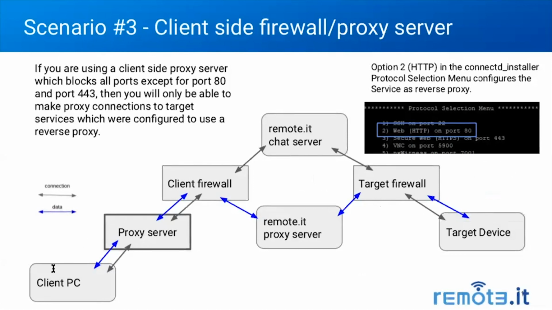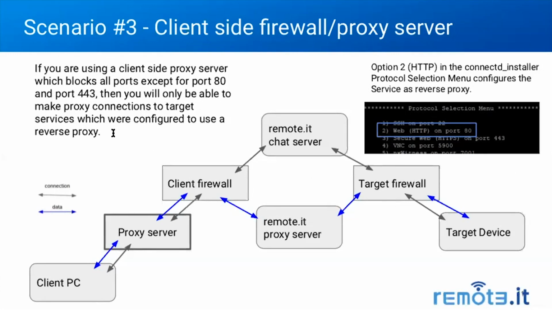This is somewhat of an oddball scenario, and we don't really think that too many people use this. But if you are on your client side behind a proxy server that limits traffic to only what you can get through port 80 and port 443, which are HTTP and HTTPS standard ports, then you'll only be able to make proxy connections to target services which were configured to use a reverse proxy.